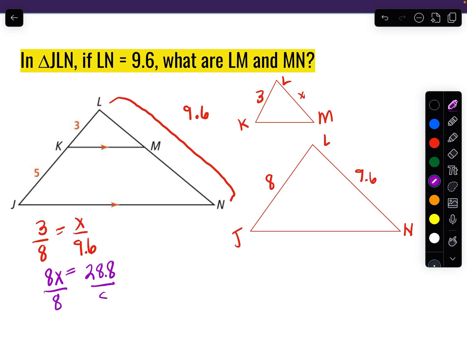And then dividing by 8, I get that x is 3.6. So x, remember, is LM here. This is 3.6. And if the whole thing has to be 9.6, that means MN is 6, because the whole thing has to be 9.6.